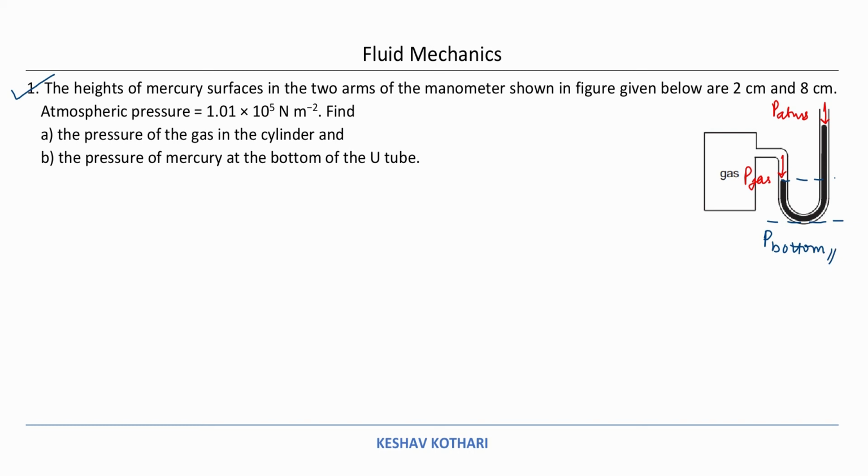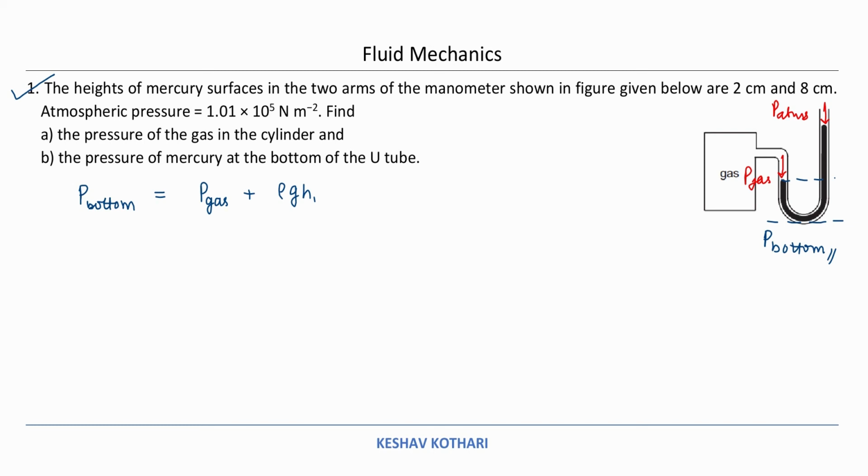So I can write one single equation: pressure at the bottom of the manometer, according to the left limb, is the pressure due to the gas plus rho g h1, that is density of mercury into acceleration due to gravity into h1.